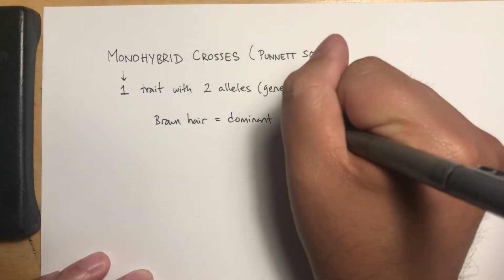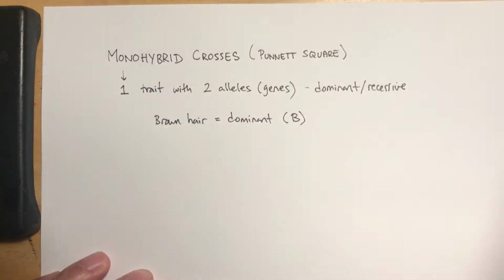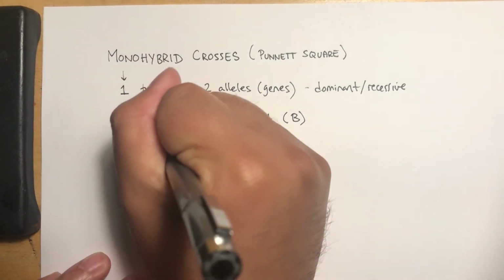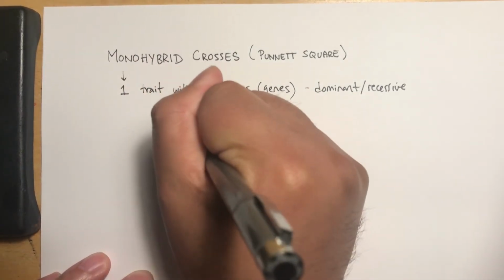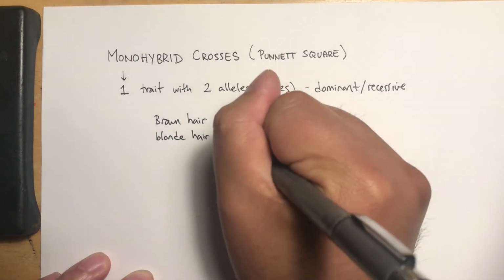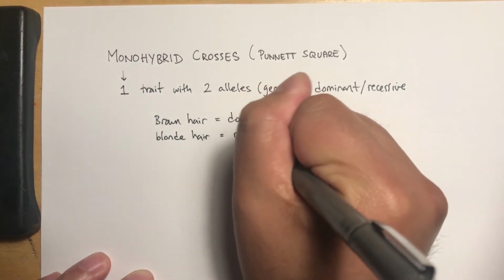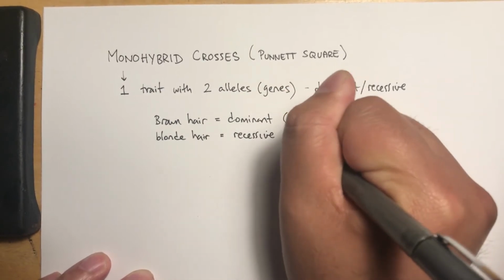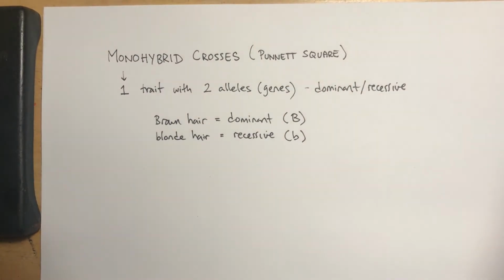So we're going to use big B to represent that particular allele. Blonde hair is recessive. So we'll use lowercase b to represent that particular allele.